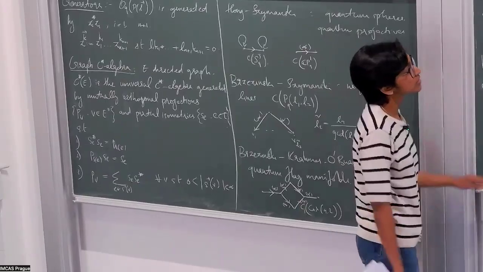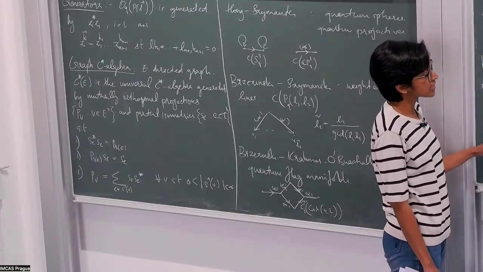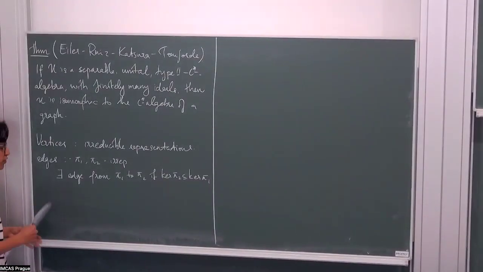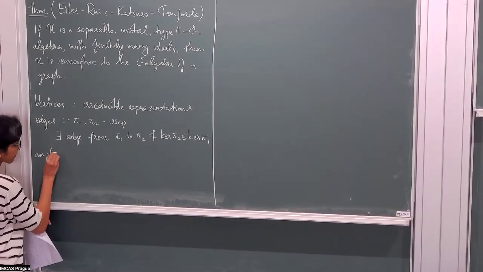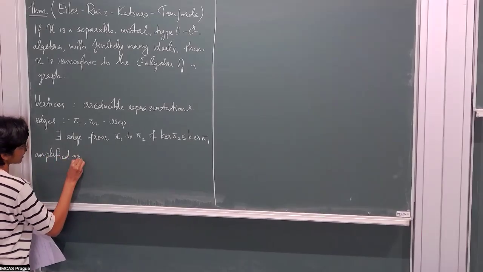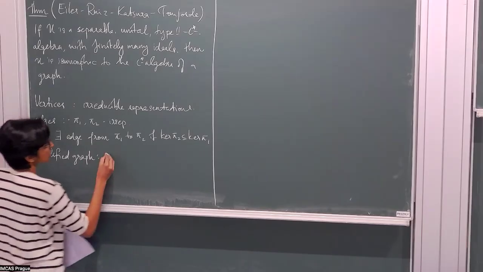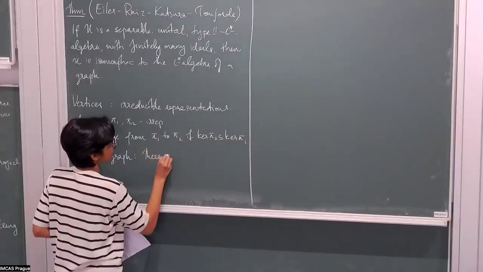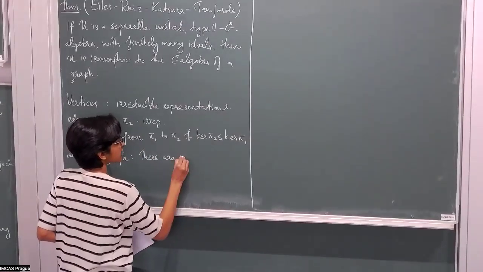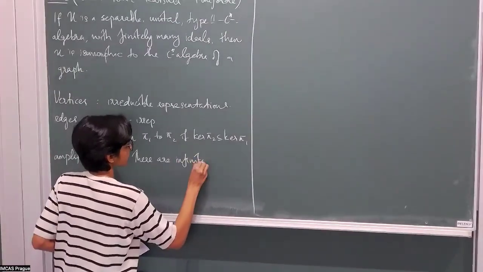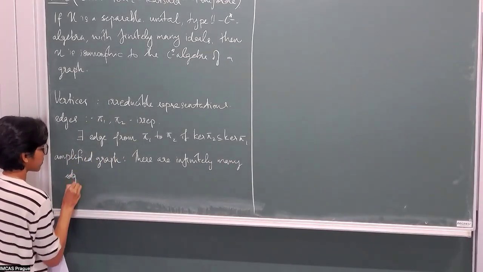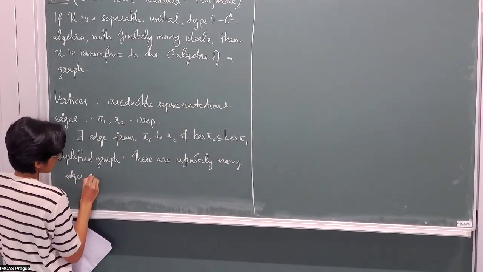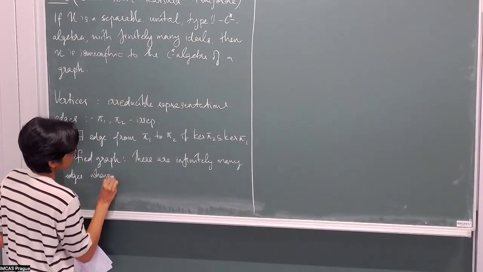Yeah, and in our case, in each of these cases, the graph that we end up getting is going to be an amplified graph. By an amplified graph, I mean that there are infinitely many edges whenever there is an edge.